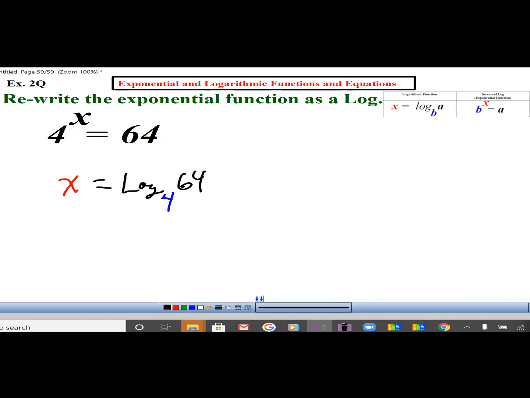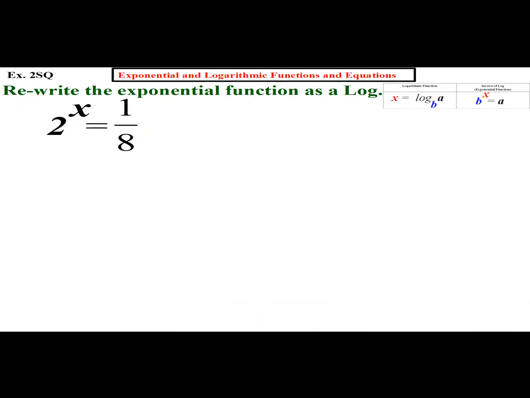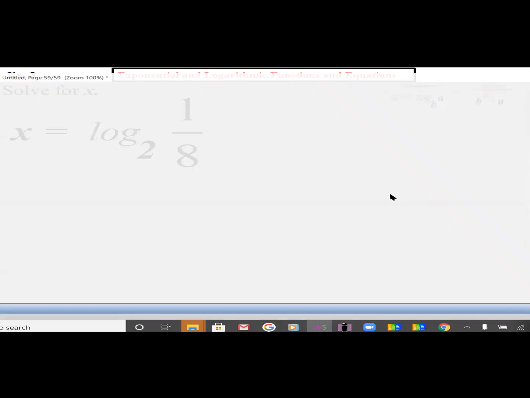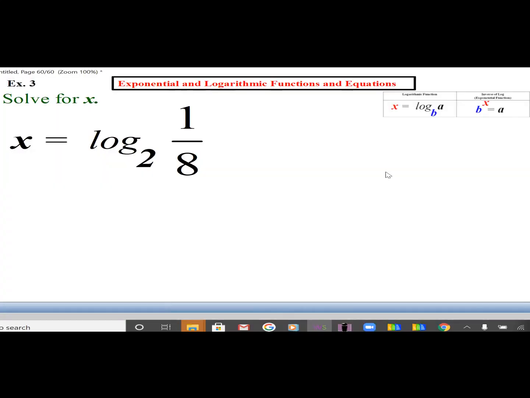Okay. Now that we're done with enough practice of writing back and forth, let's solve one. Copy this one, example 3. Solve for x, and we're given x equals log subscript 2 of 1/8. Now let me give you 3 basic steps to follow in solving a logarithmic function. Step 1, rewrite.